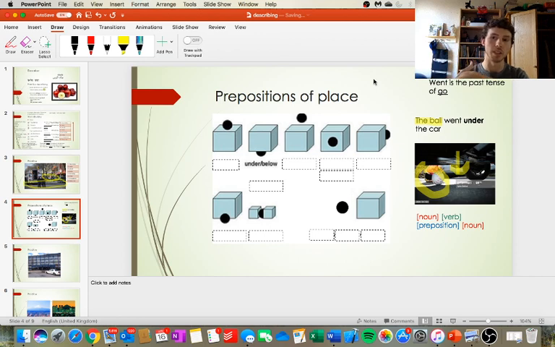I went shopping yesterday. Good, it's a strange one. So prepositions can describe where this ball is. The ball went under the car. The ball went below the car. So what is this one?